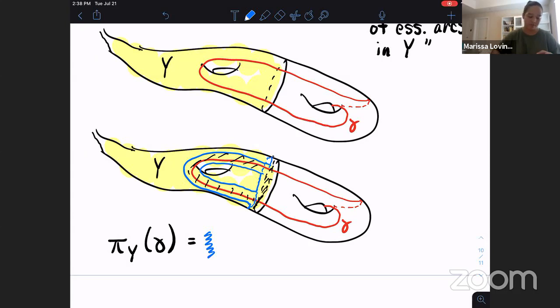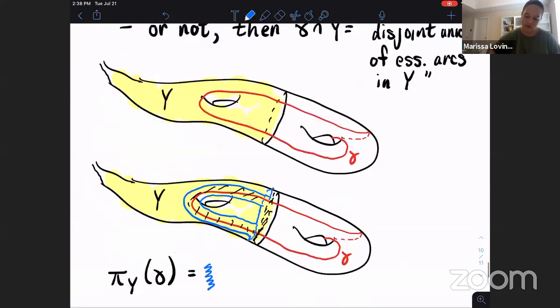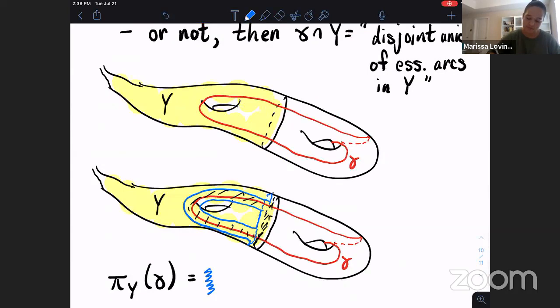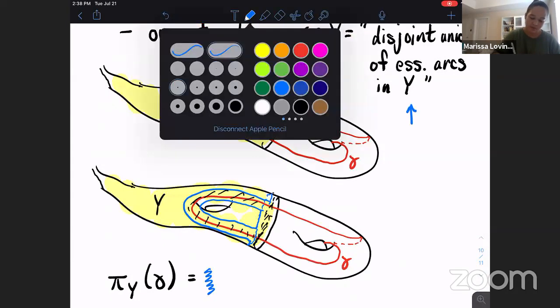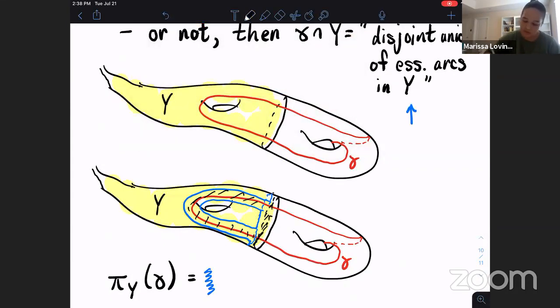So in general, what am I going to do? Let me not be in blue anymore. Again, we're just going to do some surgery. There's two ways to look at it. You can think of it as taking surgeries of these arcs with the boundary components, or you can think of it as taking a regular neighborhood of those arcs and then taking the boundary of that regular neighborhood.